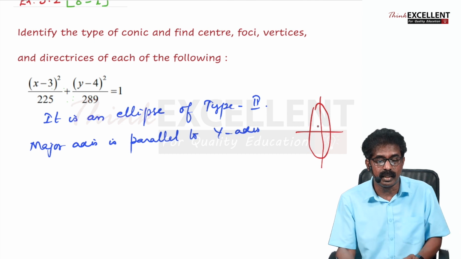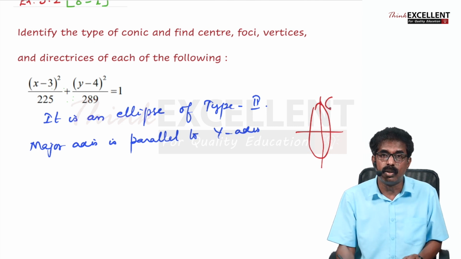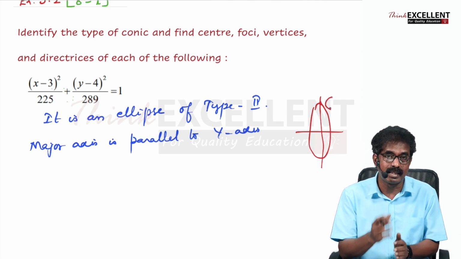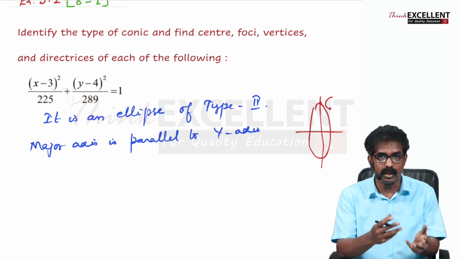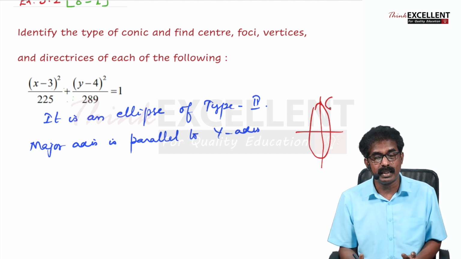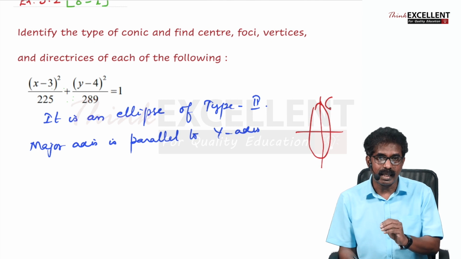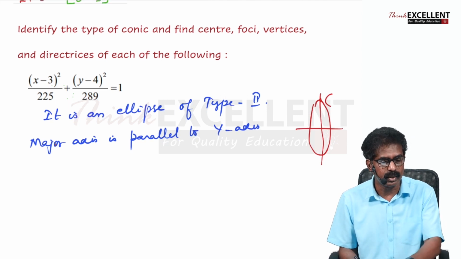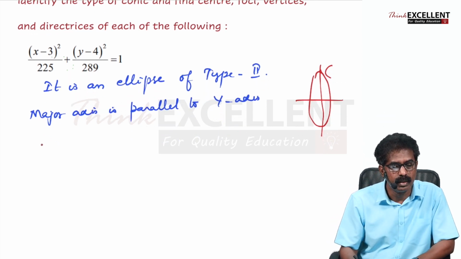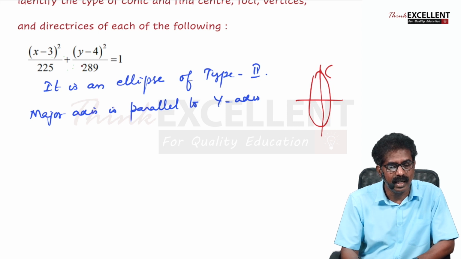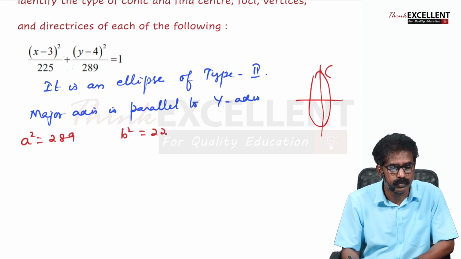Center is h comma k. See, vertex, if you write, you know, vertex lies on y-axis, so x coordinate 0. So here you may write h, okay? So the diagram will help you. So better you draw a rough diagram. Now, 225 and 289, the greater number you take as a square. A square is 289 and b square is 225.